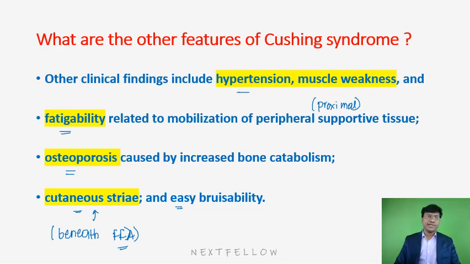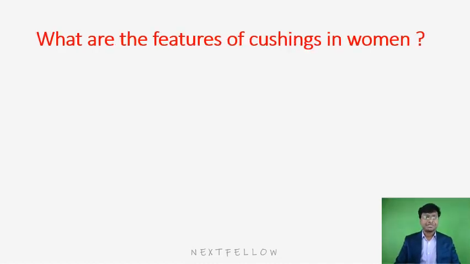And these cutaneous striae are purple in color, that we call purple striae, right? And there will also be degeneration of the skin, due to which they will have easy bruisability, right? So these are the other features of Cushing's.